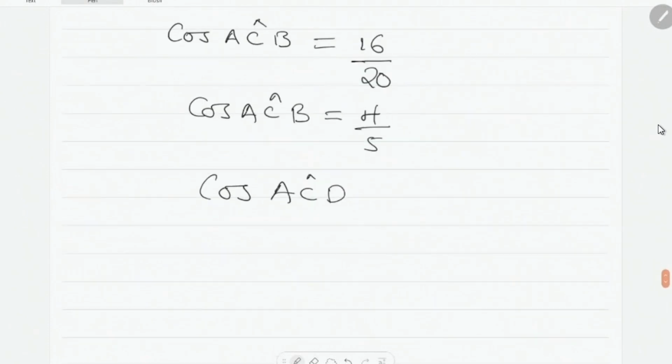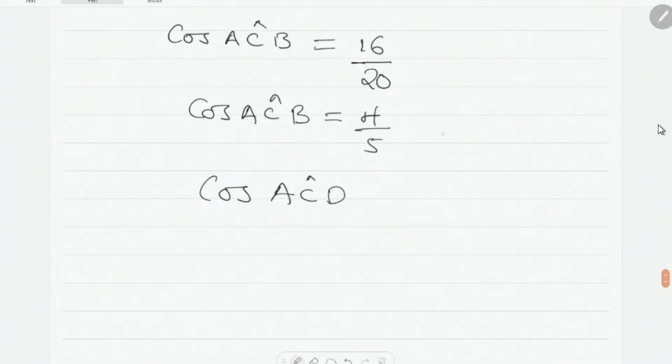So ACB is an interior angle. ACB is this part, which is an interior angle, and in the question I'm looking for ACD, which is an exterior angle.